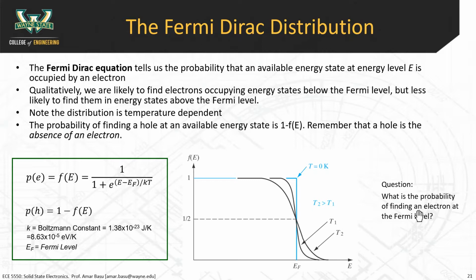You'll have some problems in your homework where you deal with this. And one little hint is that a lot of times when we do energy band diagrams, the units for energy are given in electron volts. We generally do not use joules for energy band diagrams.